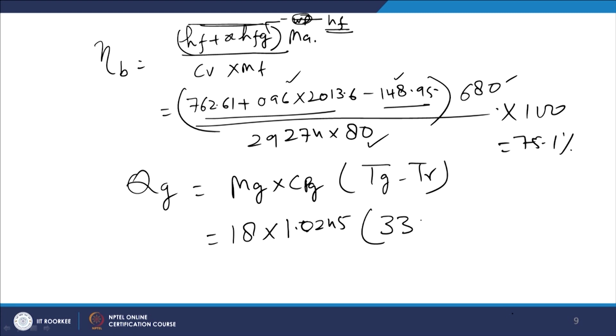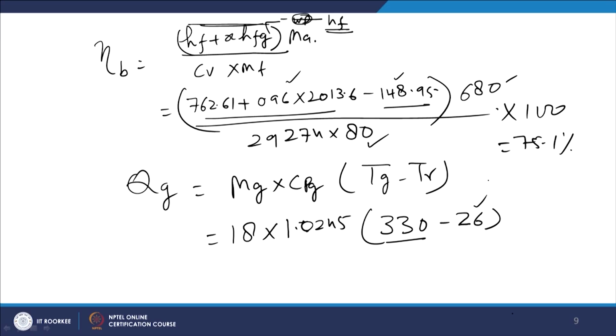Gas temperature is 330 and the air temperature, or room temperature, is 26 degrees centigrade, because air is taken from the room. That is why I have taken this as 26, and this gives the value 5606 kilojoules per kg.